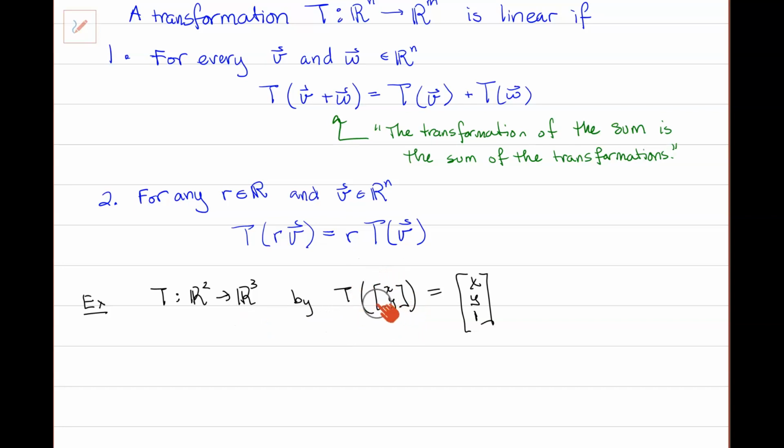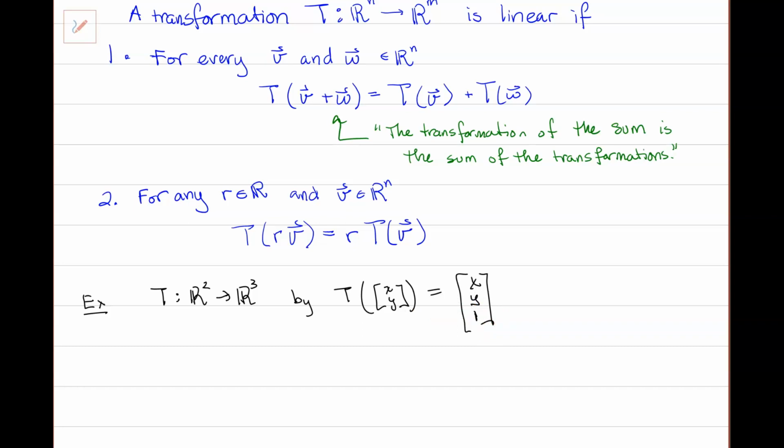This is just the same kind of function notation like you saw in calculus, f of x equals 2x squared minus 1, or something like this. Right now our input's a vector though. So this says that T of this vector is equal to this three-dimensional vector. So the first component of that is still the first component over here. Second component stays the same, and then the third one's just assigned to be this number 1.